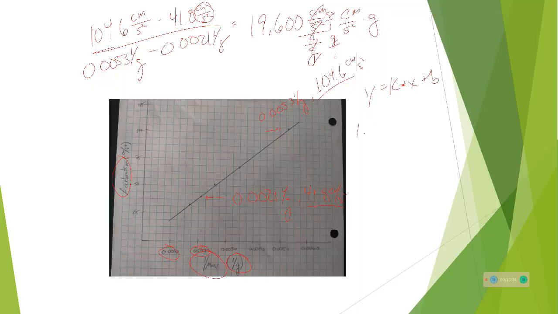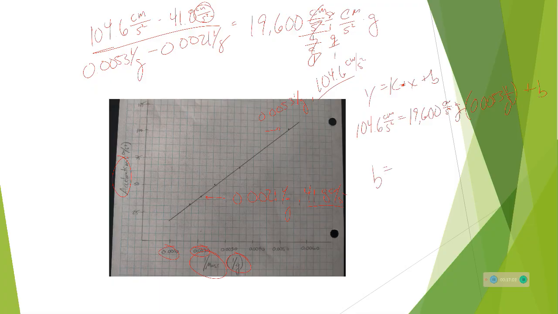This is 104.6 centimeters per second squared is equal to k, which is that 19,600 centimeters per second squared times g times 0.00531 over grams, which you can see, 1 over grams will cancel with those grams, plus b.